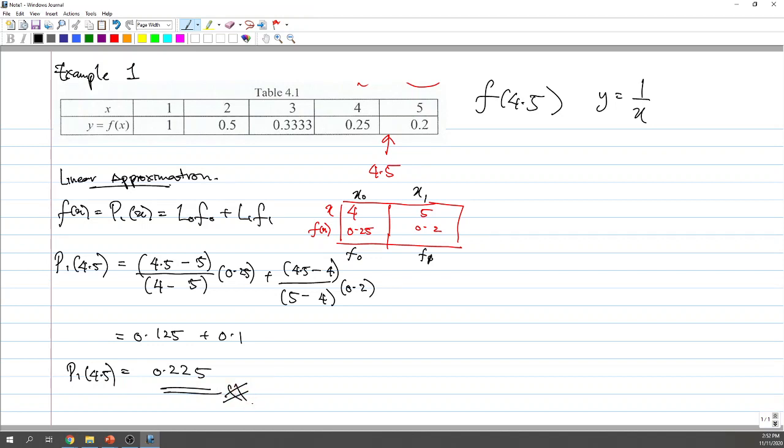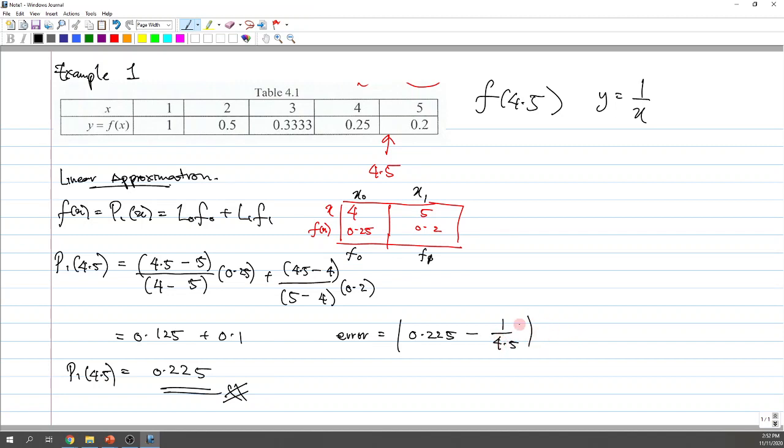So please don't stop here because they ask you to find the absolute error. So you can say that the error is equivalent to the measured one, 0.225, minus 1 over 4.5, yang ni kita masukkan lah.